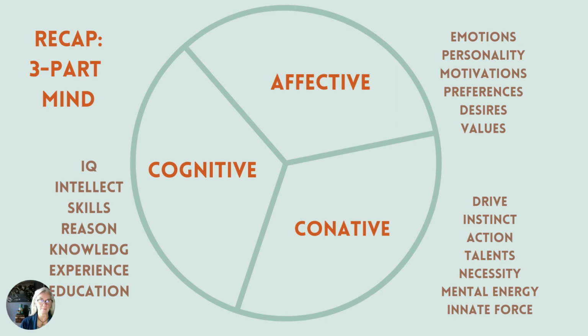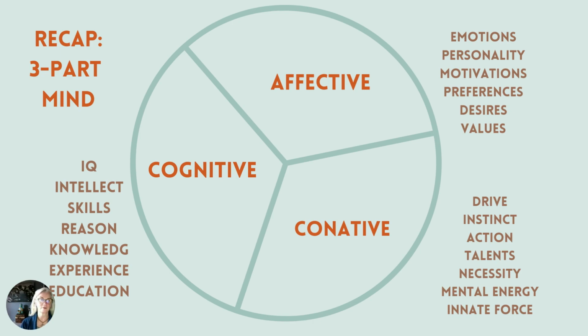But a quick recap. Various personality tests test different parts of your personality. An IQ test tests your cognitive side of your mind, your intellect, your skills, reason, knowledge, and experience.